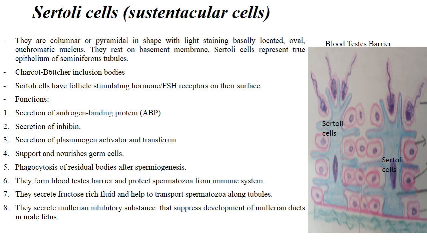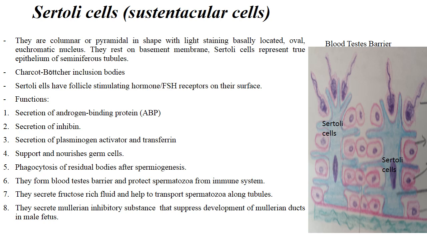Towards its basal part, the spermatogonia are interposed among the sustentacular cells. As we move above, the primary and secondary spermatocytes will interpose in it, and towards the apex of the sustentacular cells, which reaches the lumen, there we have the spermatids.